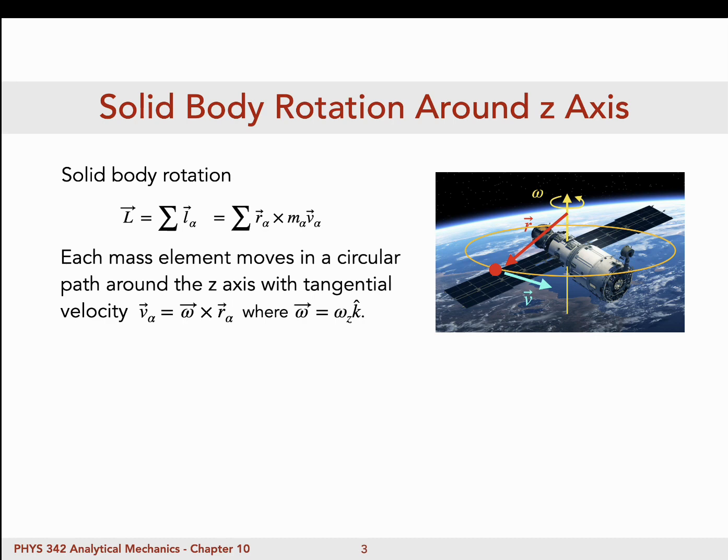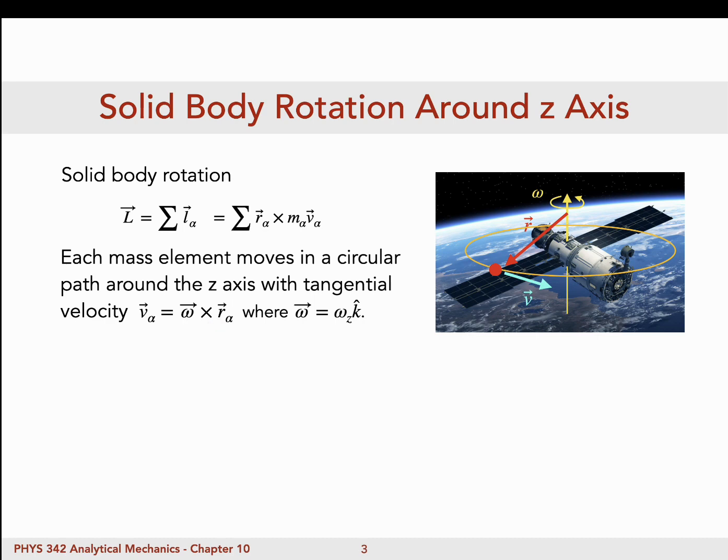Since it's spinning around an axis, every piece of the satellite can be thought of as tracing out a circular path around that axis of rotation. Particles that are farther away from the axis will trace out a larger circle. Ones that are closer in will trace out a smaller circle. It turns out that the tangential velocity of a given part of the satellite is equal to the angular velocity cross the position vector of the object.